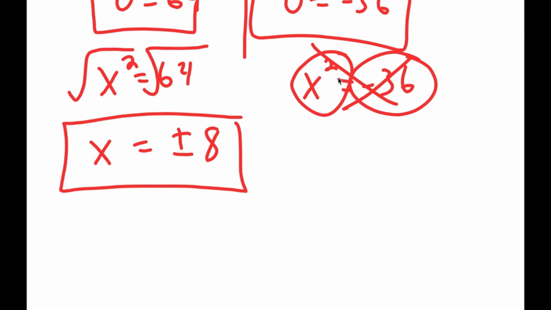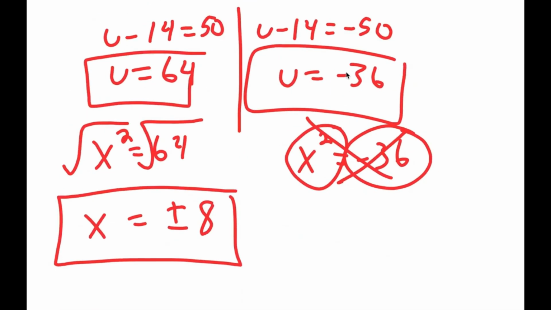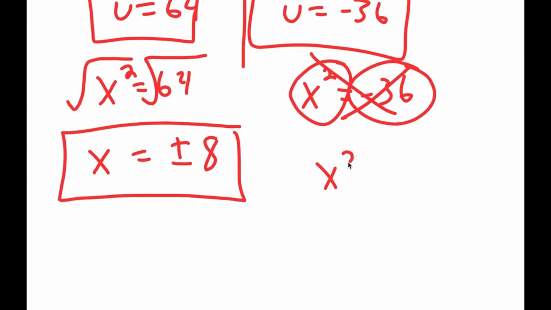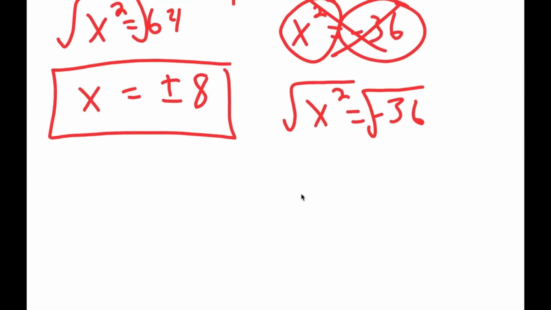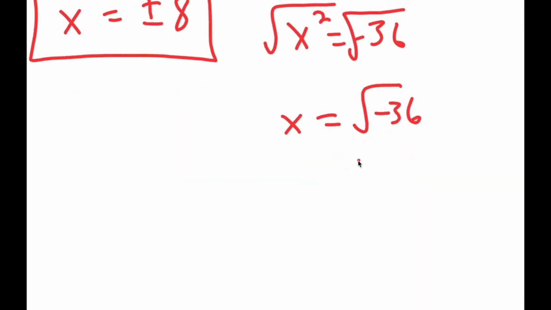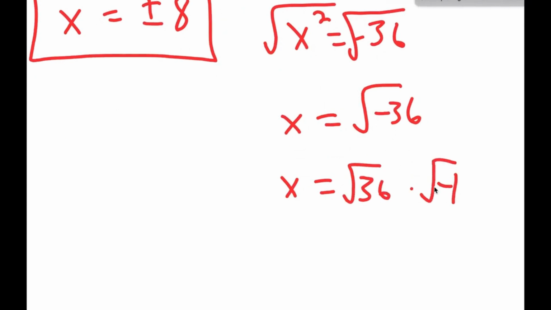So to do that, what I'm going to do is x squared is equal to negative 36. If I take the square root on both sides, I get x is equal to square root of negative 36. And the square root of negative 36 is the same thing as the square root of 36 times the square root of negative 1.